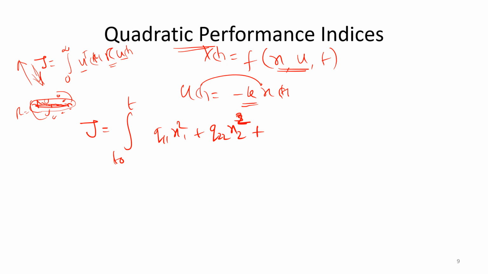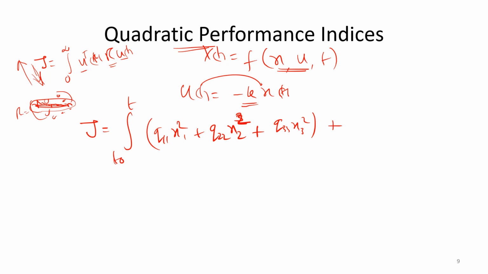For example, if you take a car, the state variables are displacement and velocity. So you have to select the state variables. q1 is a coefficient, then another state variable, and one more, x3 squared. So the state variables are squared, so it becomes the quadratic criteria.